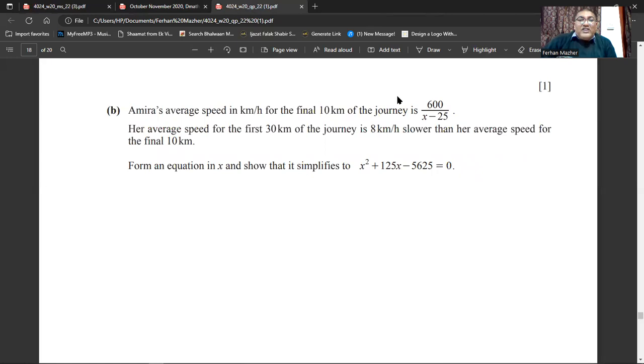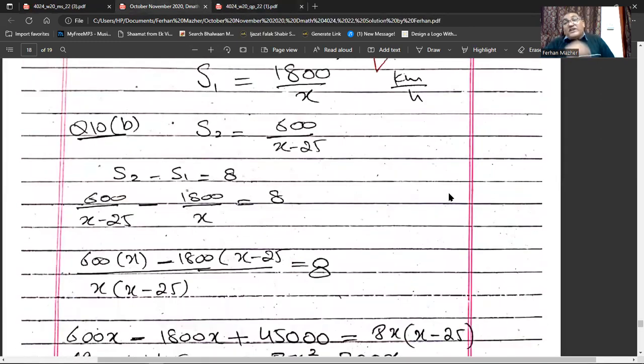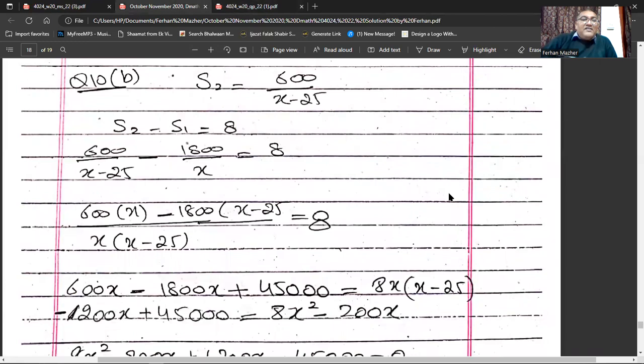So from speed number 2, you will subtract speed number 1, and that will be equal to 8. Form an equation in X and show that it simplifies to this. Okay, so very simple. The speed number 2 is given in the question, that is 600 divided by X minus 25. So he says S2 minus S1 is 8. So 600 divided by X minus 25, minus 1800 divided by X, is equal to 8.